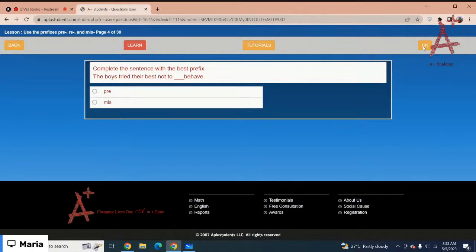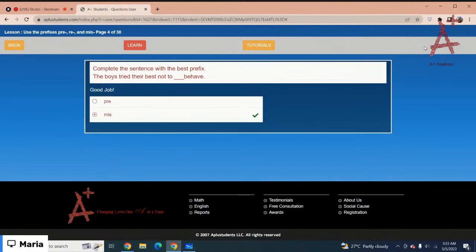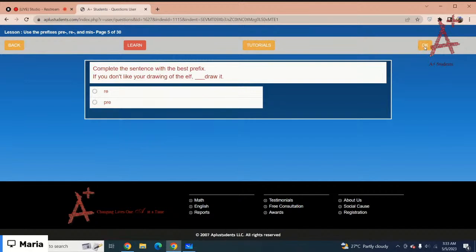Misbehave. The correct option is misbehave. Just look at the options carefully and just write down the option that is available for the question.